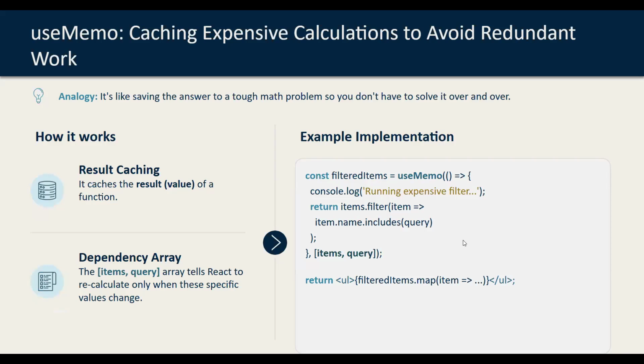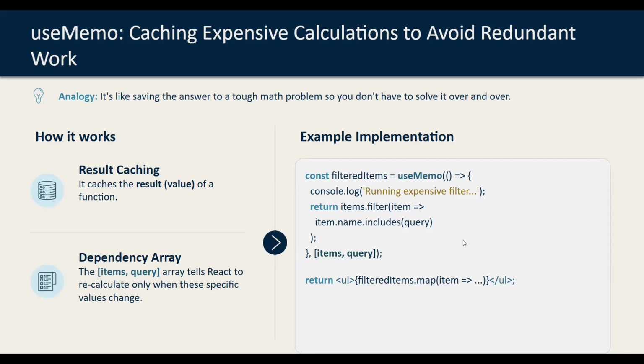And this is where useMemo comes in. The idea behind useMemo is very simple. It caches the result of an expensive calculation so that React does not have to recompute it on every render.